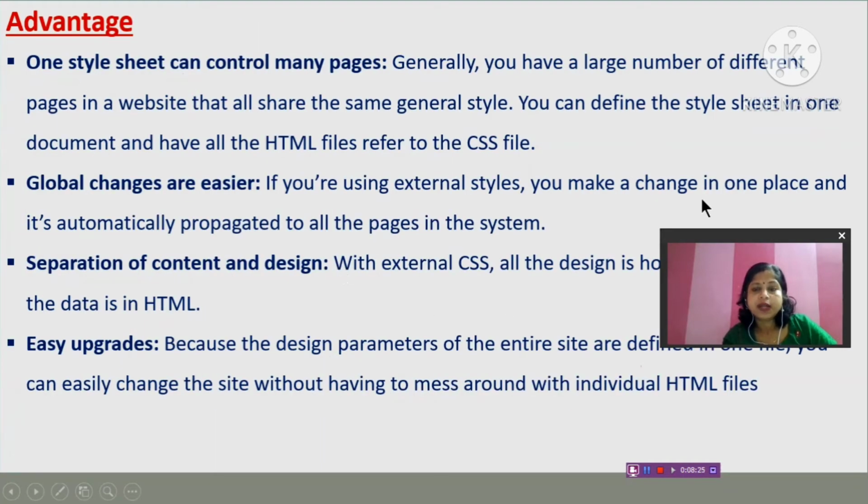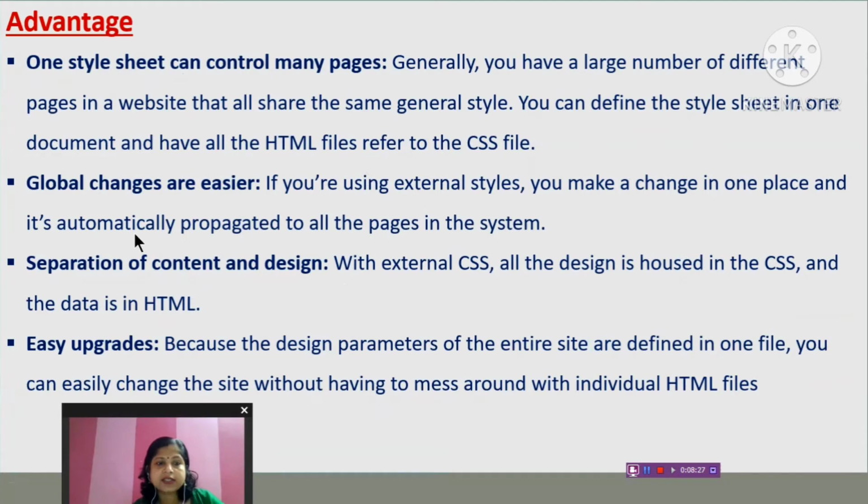What are the advantages of an external style sheet? One style sheet can control many pages. Suppose you have created a style sheet CSS file. That file can be linked to any HTML page. Generally, you have a large number of different pages in a website that all share the same general style.